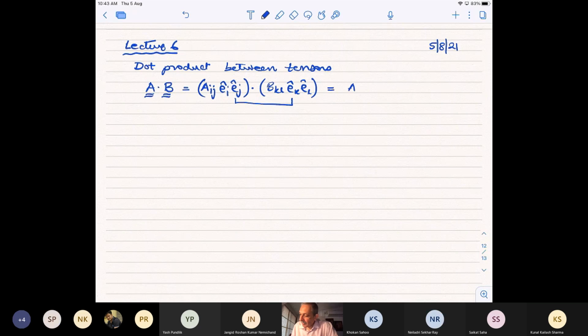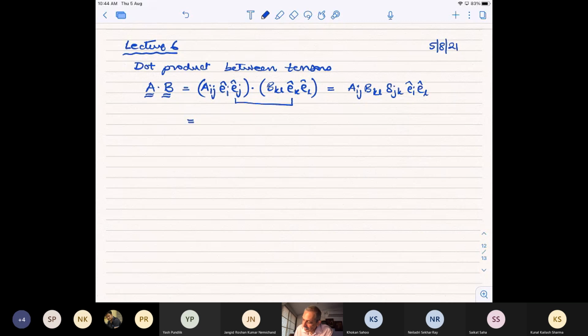So you have Aij Bkl and delta Jk because of the dot product, and then Ei El. So this is what you have, and since this delta Jk is 0 unless k is equal to j, wherever we have k, we'll put it equal to j.